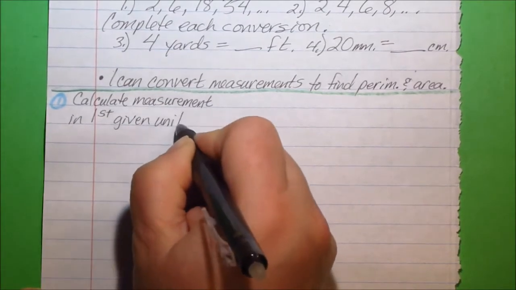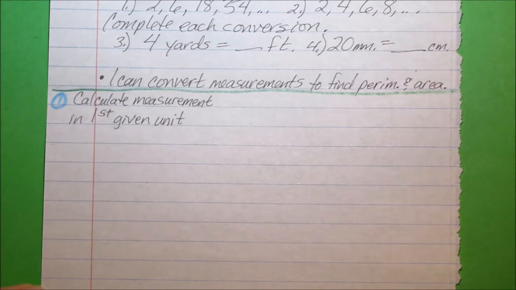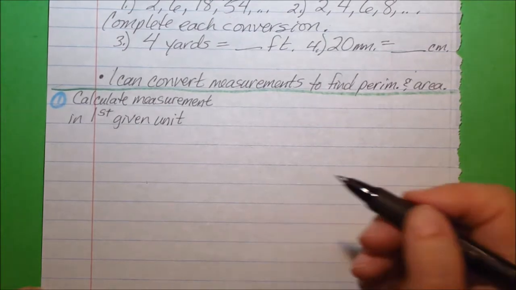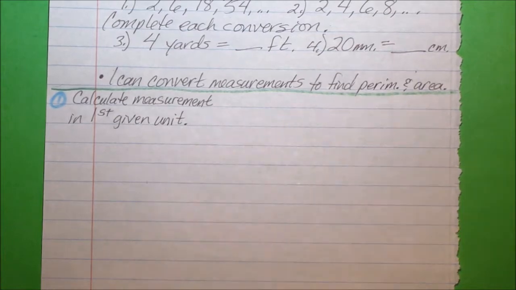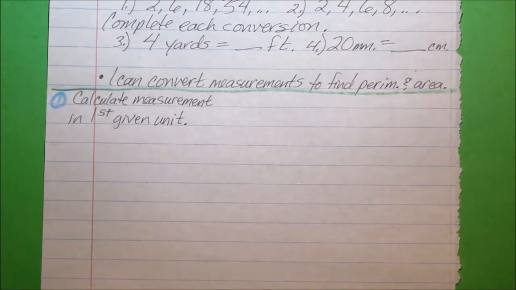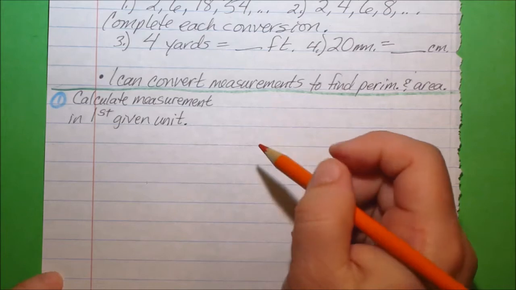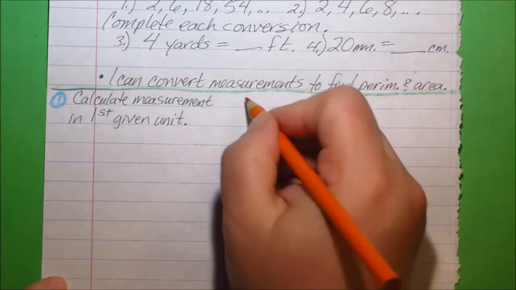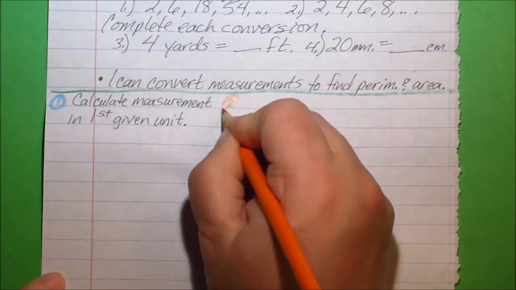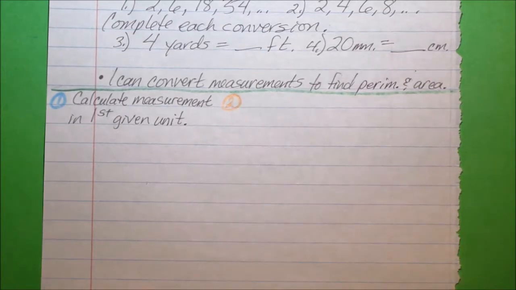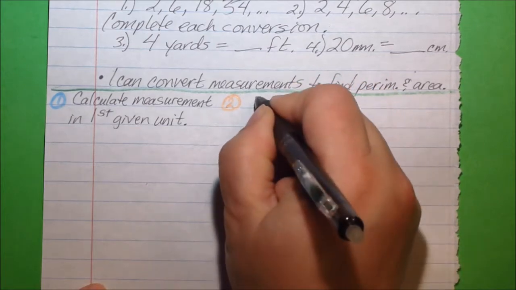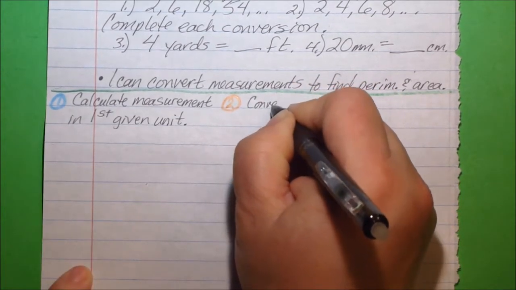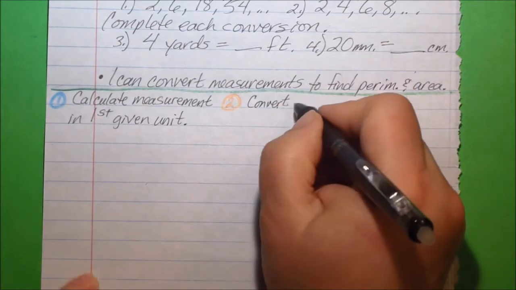So the problem is going to ask you to find the perimeter or area in, let's say, feet. All right, and so that would be your first given unit. And then they're going to ask you to find it in, let's say, inches or square inches. And you're going to have to convert all those measurements before you can find it in the new asked for units.